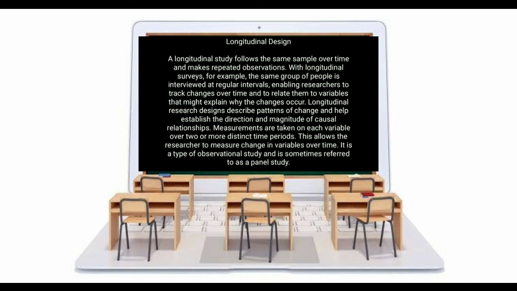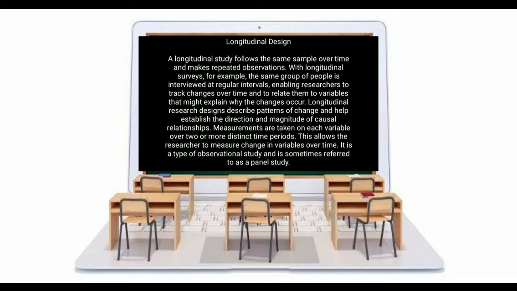Longitudinal design. A longitudinal study follows the same sample over time and makes repeated observations. With longitudinal surveys, for example, the same group of people is interviewed at regular intervals, enabling researchers to track changes over time and to relate them to variables that might explain why the changes occur.